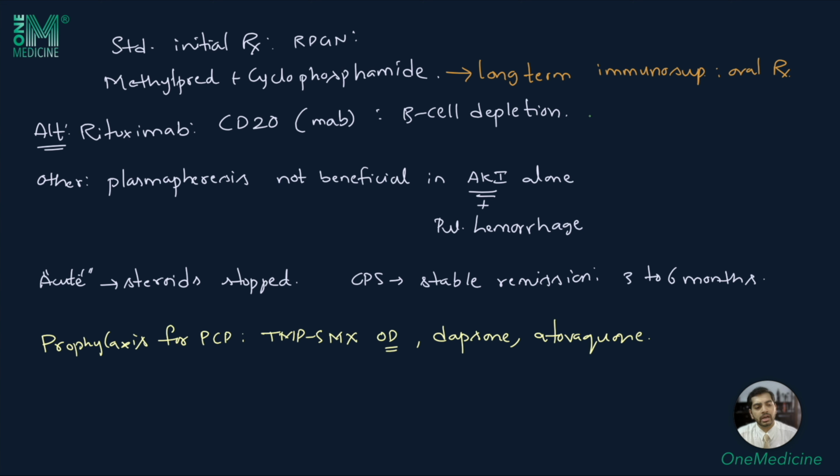But in patients who are treated with rituximab, patients will require rituximab as a continuation therapy at regular intervals. But studies have shown that rituximab has a better outcome compared to the oral immunosuppression.